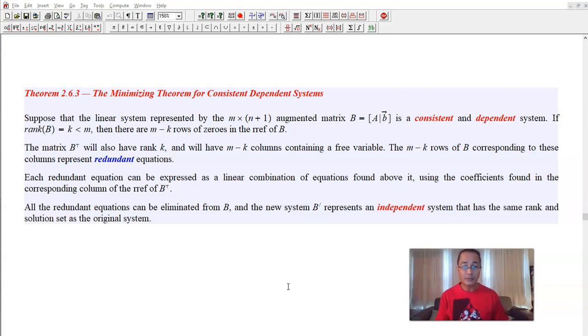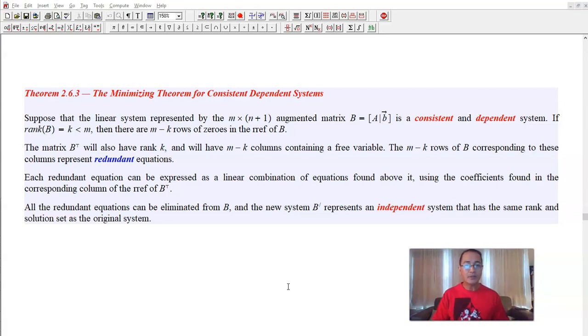And let's assume it's consistent and dependent. Let's say that the rank of B is k. In other words, there are k leading ones in our REF, and k is less than m. So in other words, there are rows of zeros. How many? m minus k rows of zeros.